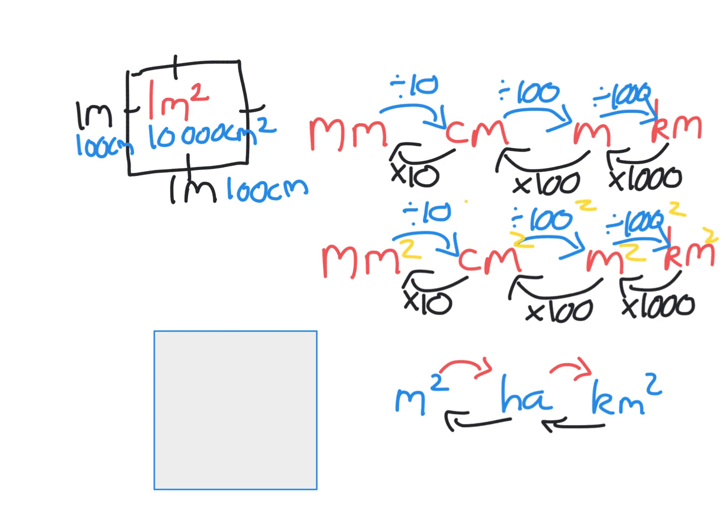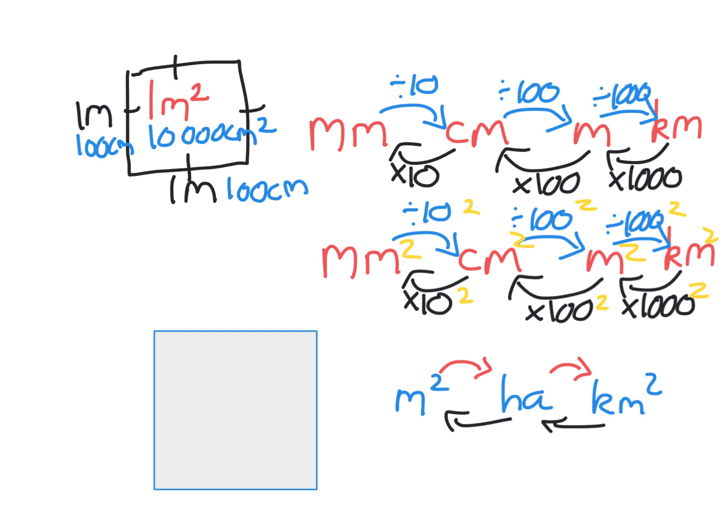So just note the rule is if you are going from a smaller unit to a larger unit, you divide, because there are fewer of the larger unit. If you're going from a larger to smaller unit, you times. But you must square these numbers called the conversion factors when you are converting square units, and I just explained why here.